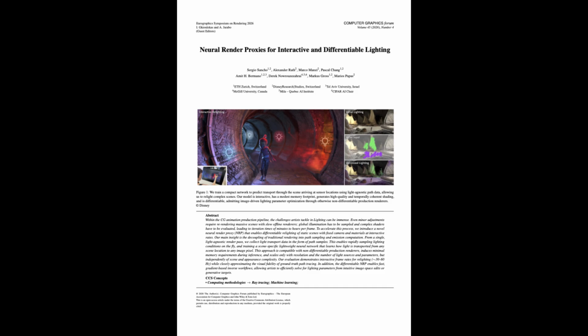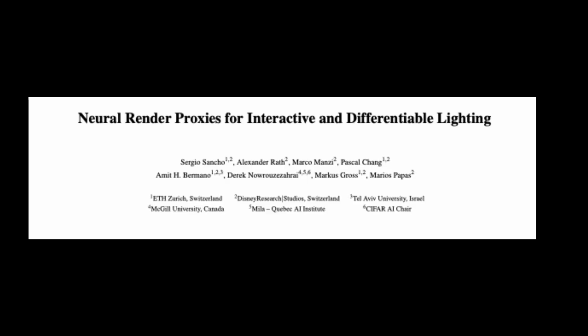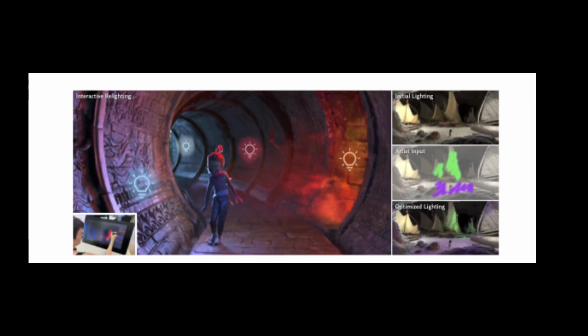Disney Research recently released a fascinating paper this week. They introduced something called Neural Render Proxy. The goal is simple: give lighting artists interactive feedback that is incredibly close to final portrait quality. Instead of waiting several minutes after every lighting adjustment, artists can see the results instantly. If you notice, it is actually not replacing our artists.